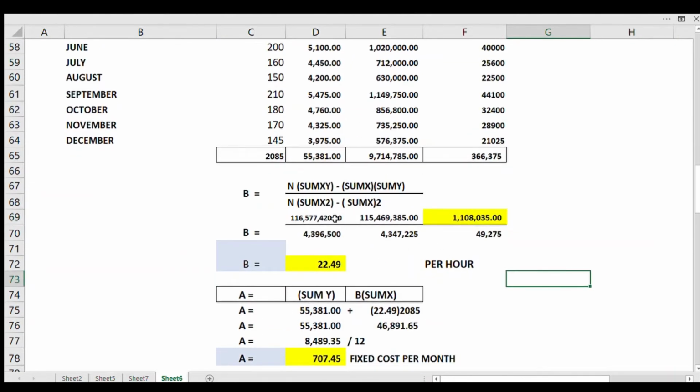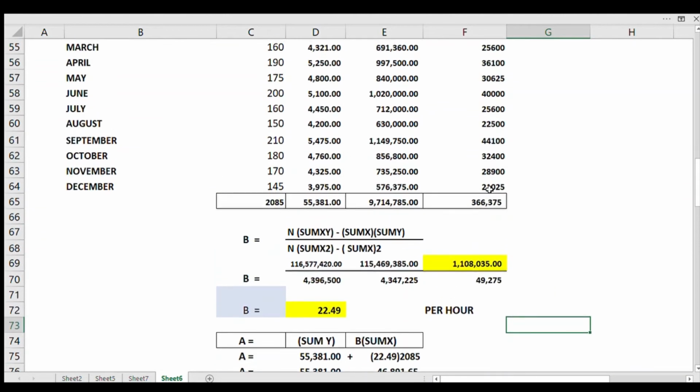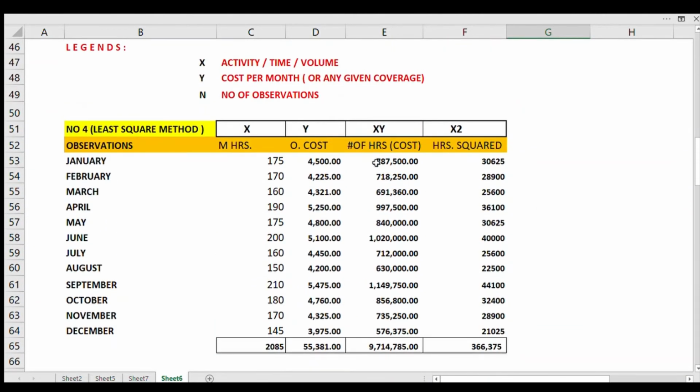Okay, so we will now use these two columns here, no? We really have to get the XY, no? The number of hours multiplied by the corresponding cost. Now, we will get the XY. 175 times 4,005. Now, that is your X, Y, and so on, and so on. Okay?